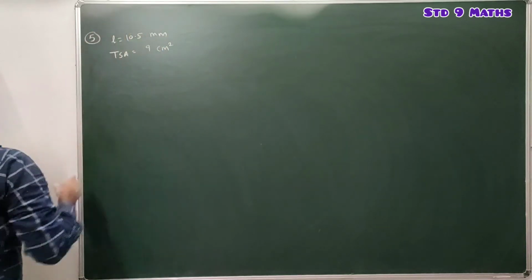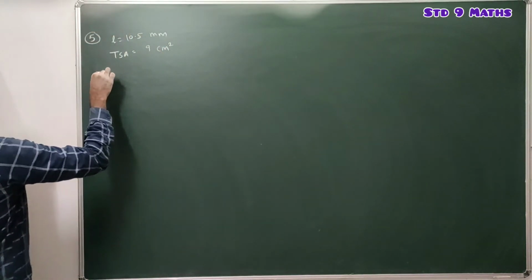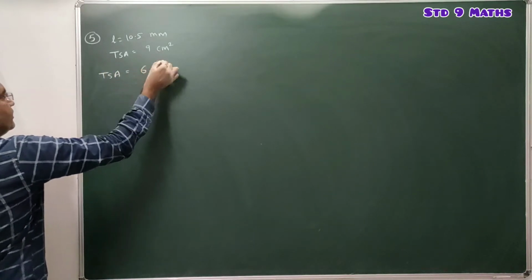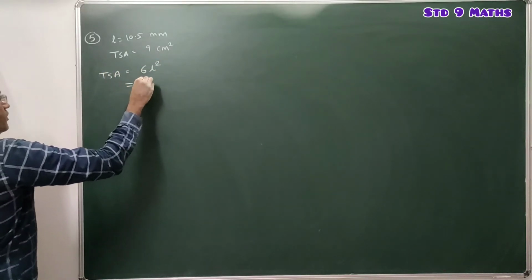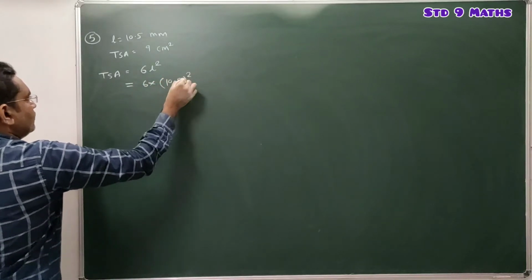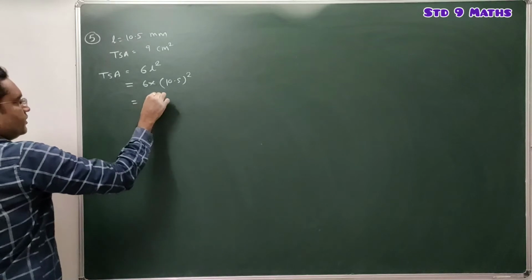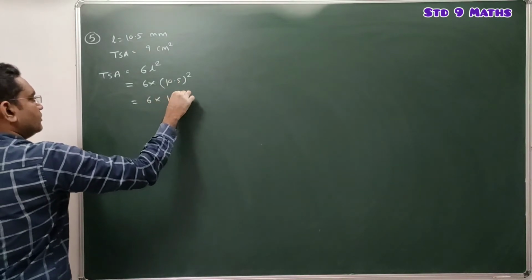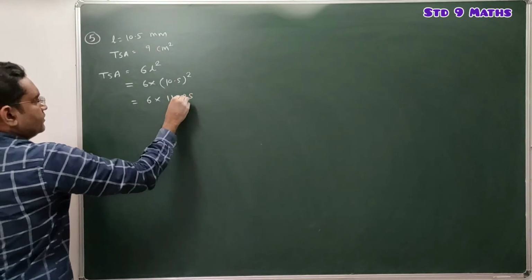So the total surface area of a cube, the formula is 6L square. This is equal to 6 into L square, 10.5 whole square. So it's 6 into 110.25.